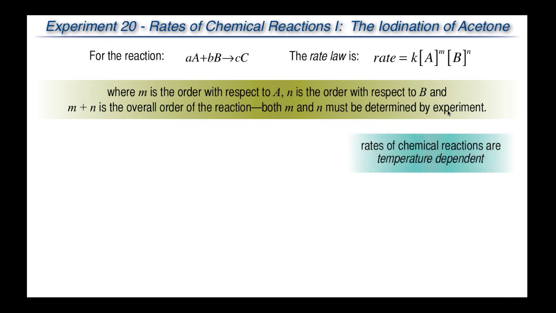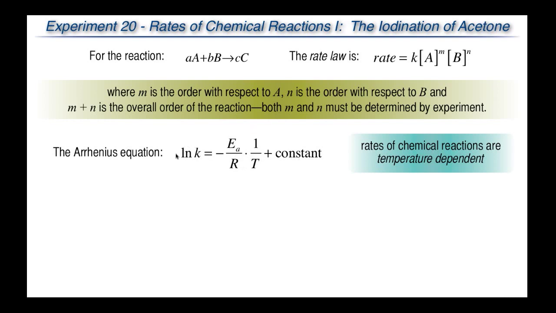Now there is a strong temperature dependence with rates of chemical reactions. There's something called the Arrhenius equation, which takes the form as shown here. And notice that it's very similar to the Clausius-Clapeyron equation in that we have the natural log of some number, in this case k, the rate constant, equals negative E sub A divided by R times 1 over T plus some constant.